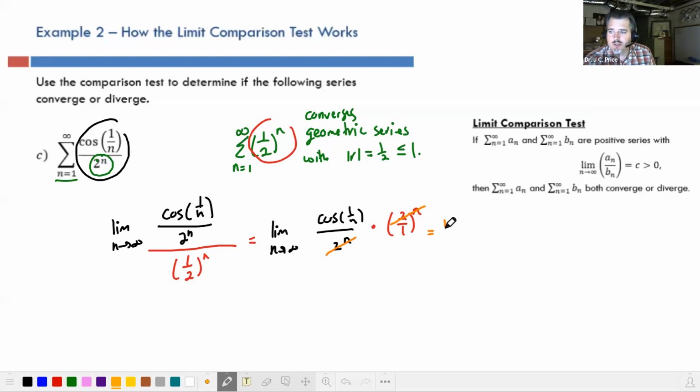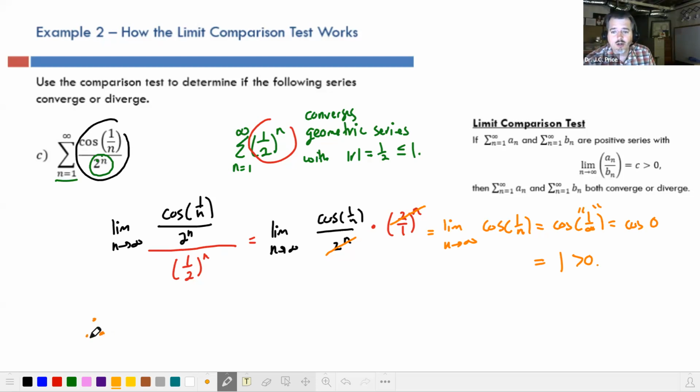And so this is going to be equal to the limit as n goes to infinity of cosine of 1 over n. And if you plug in infinity, what do we get? Cosine of 1 over infinity, which is really the cosine of 0, and again, I'm just kind of thinking here when I plug in that infinity, but cosine of 0 is 1, which is bigger than 0. And so what can we say? Therefore, that limit exists and it's bigger than 0.